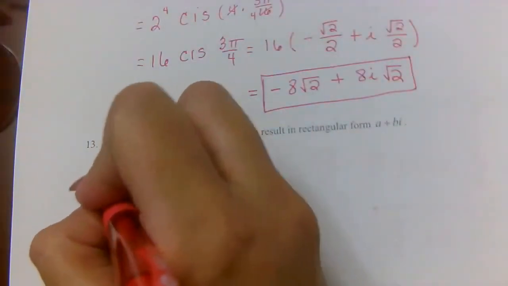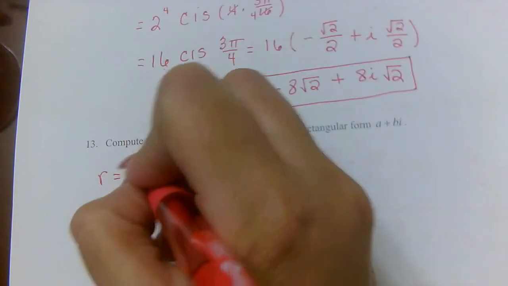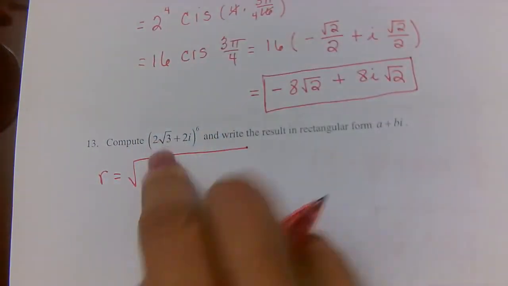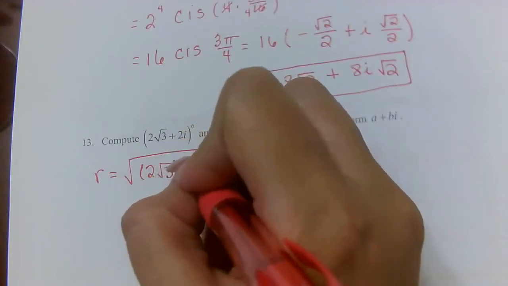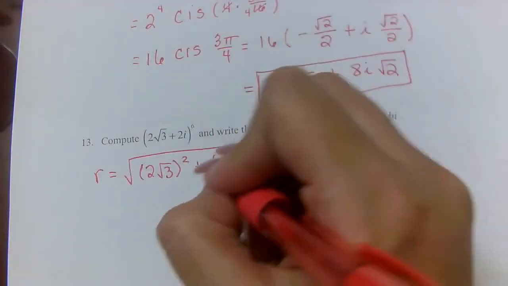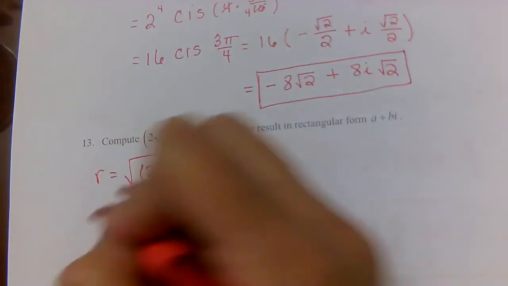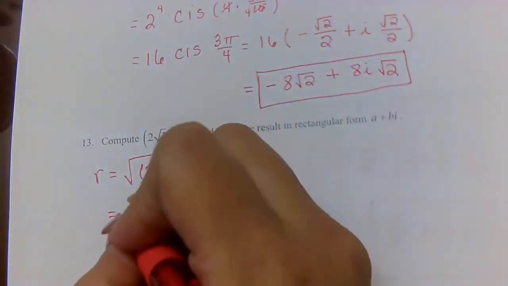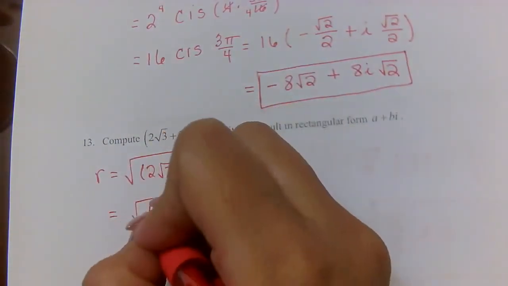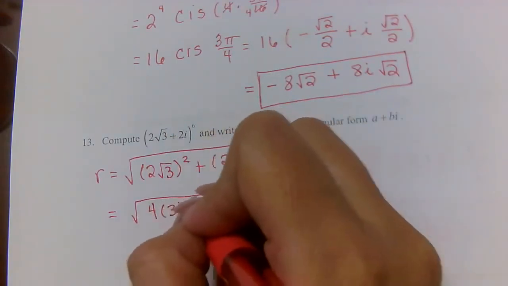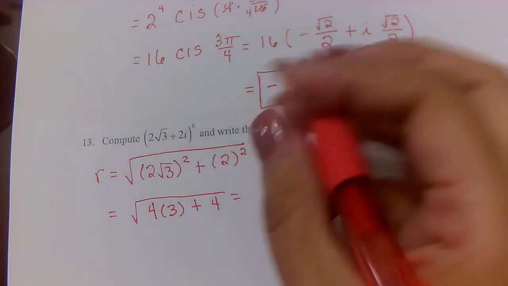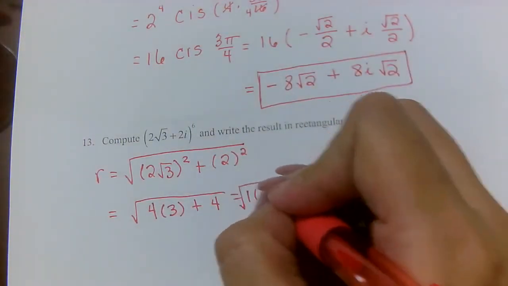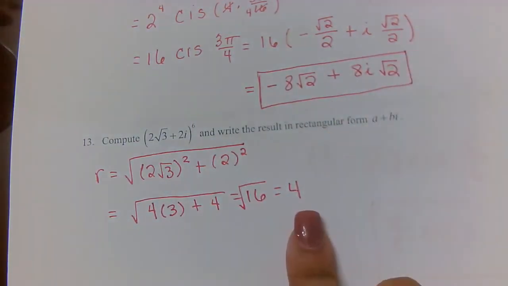So r is going to be equal to the square root of a squared, so 2 square root of 3 squared, plus b squared, which is 2 squared. This will become square root 4 times 3 plus 4. Okay, 12 plus 4 is 16, which means r is equal to 4.